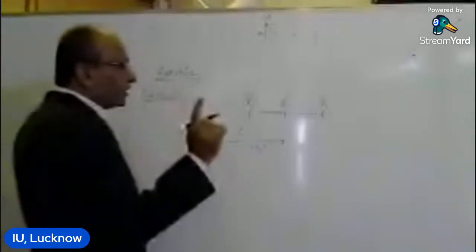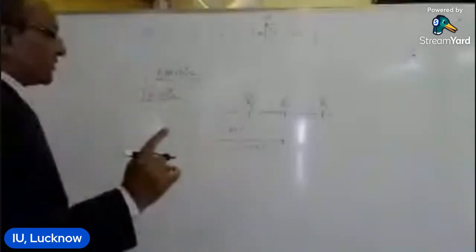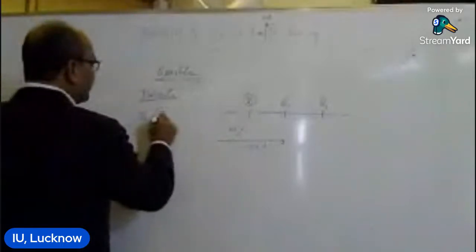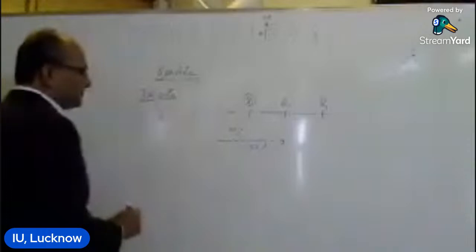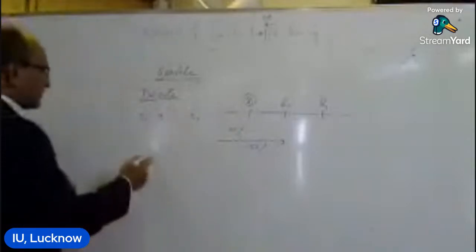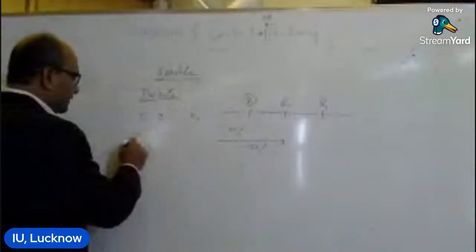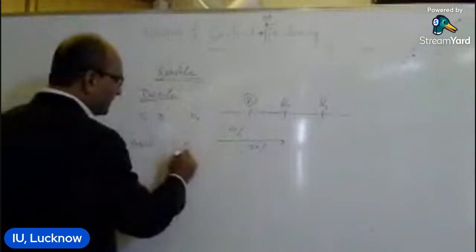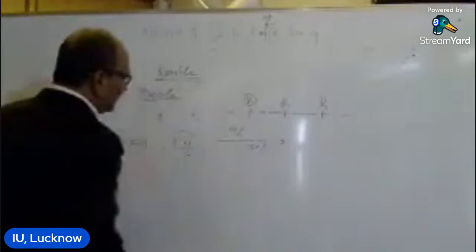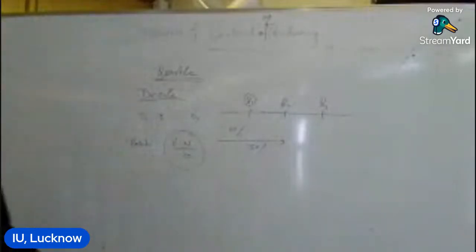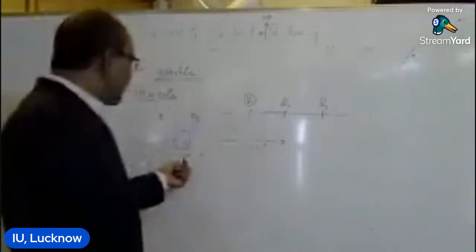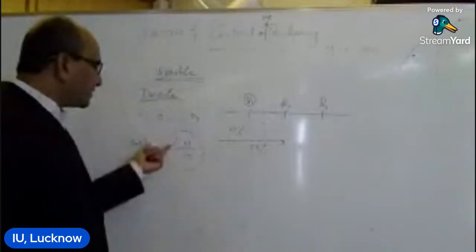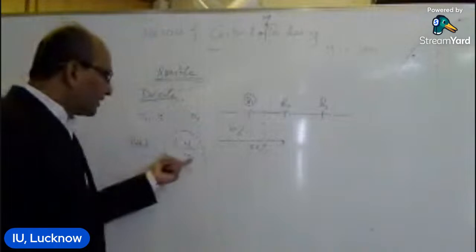So there is D1, D2, up to D9, and the formula will be the same. Here you find the position as i n divided by 10, because the whole observation is divided into 10 equal parts. So i is equal to 1 for the first decile, 2 for the second decile, take the ith decile and divide by 10.